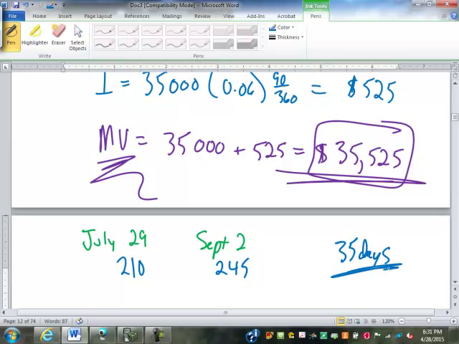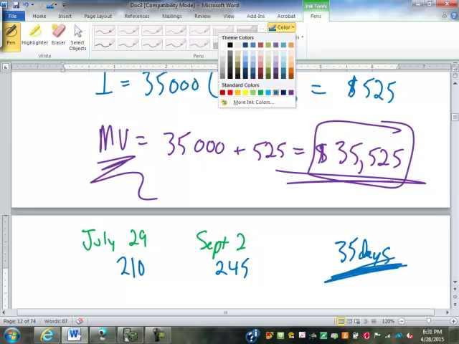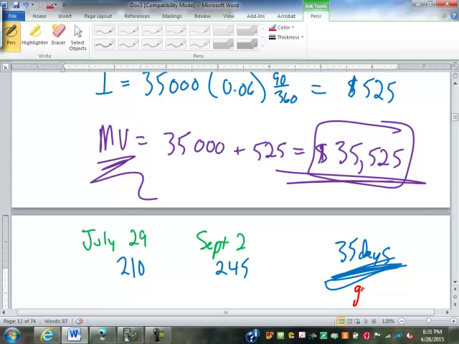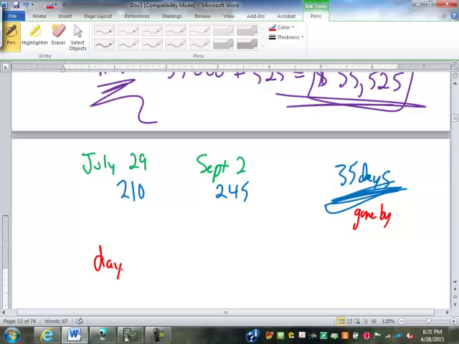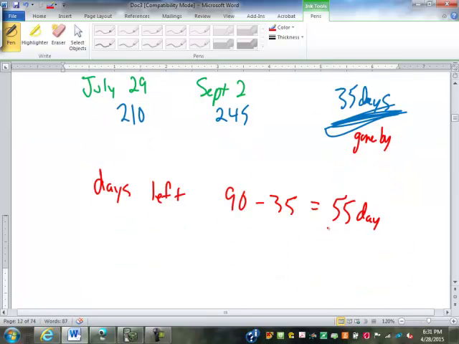Is that the number we want for our discount period? Say no. What do we want? That's the amount of days gone by. We want the number of days left. 90 minus 35 is 55 days for our discount period.